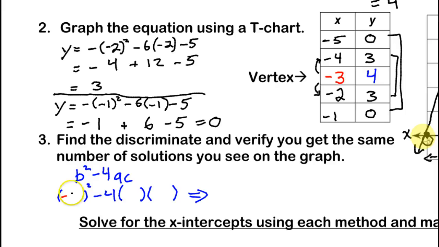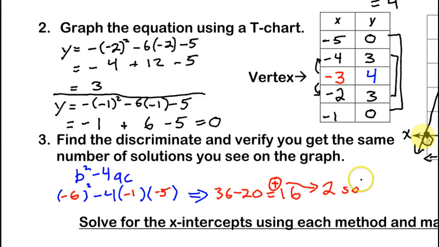We have -6 squared, minus 4 times 1 times -5: 36 plus 20 equals 16. So the fact that it equals 16, what does that mean again? Yeah, 2. Does it matter that it's 16? No, it matters because it's positive 16. Because it's positive, we have 2 solutions.